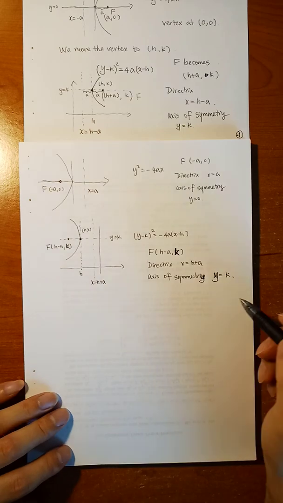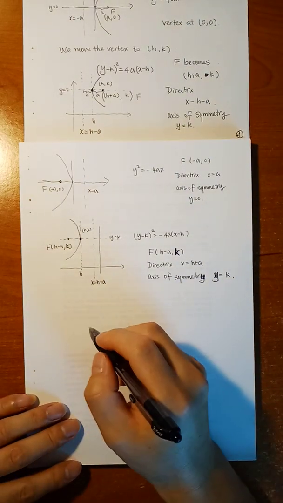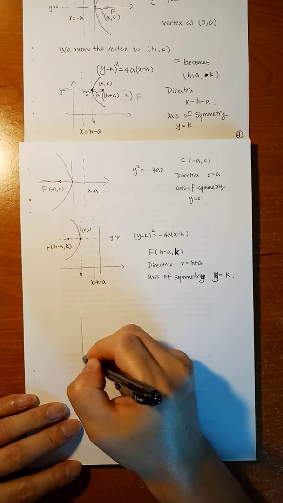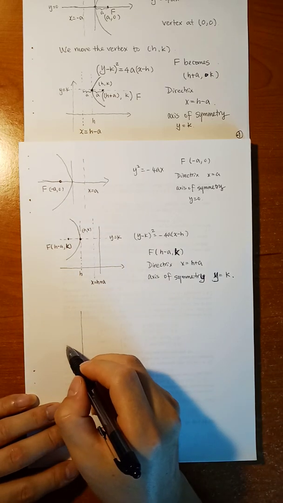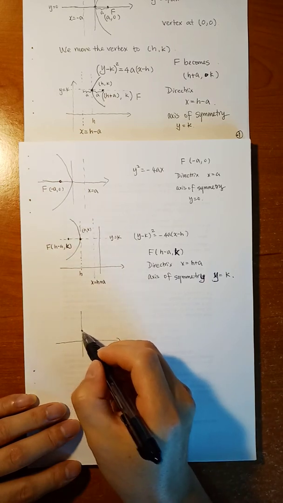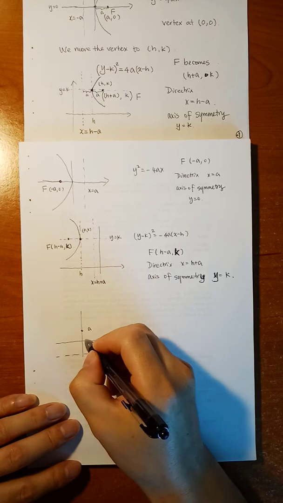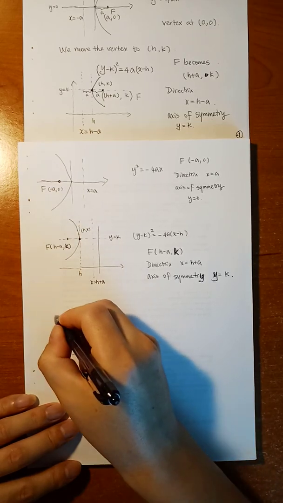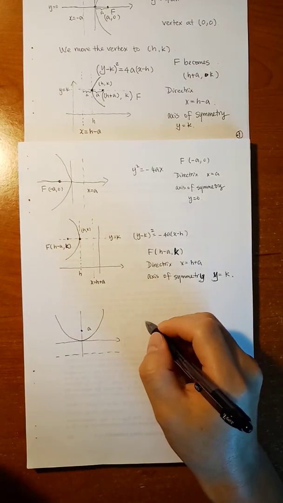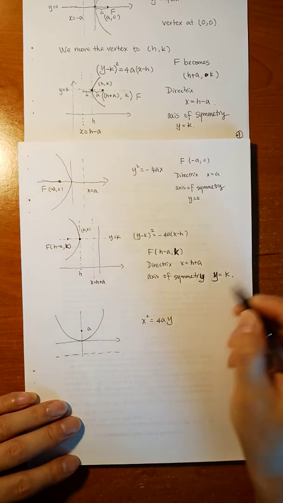It's the second case. So this is the first case, second case. And the third case, well, basically there's no number. I just label them first, second. So this is x squared is equal to 4ay.